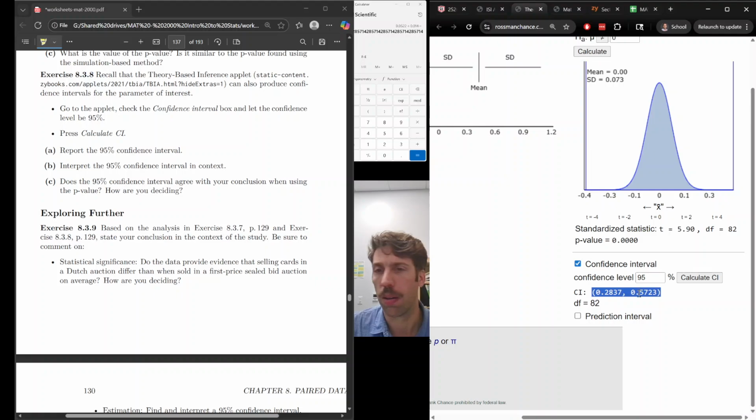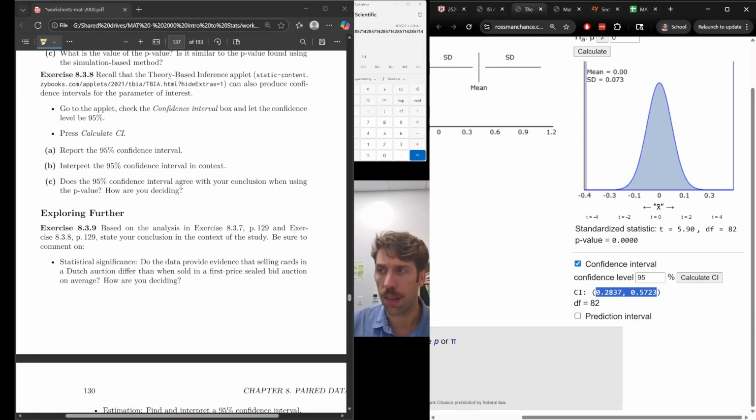But what units are these in? Well, my original numbers are in dollars, and so my confidence interval will then also be in dollars. So I can put dollar signs there. Interpreting that means writing a full sentence.